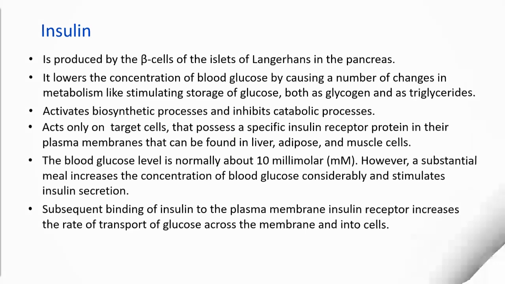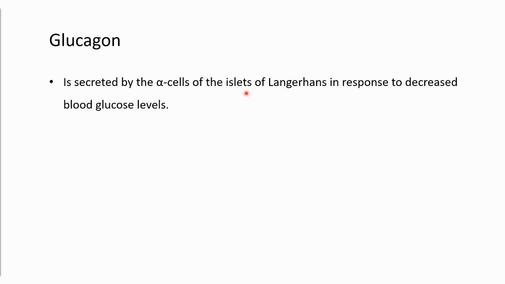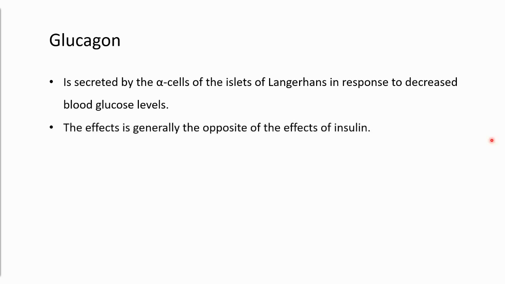Now, the other one, yung partner niya lagi is glucagon. So, this is actually secreted from the alpha cells. Okay, so yung insulin kanina galing sa beta, pero dito si glucagon is actually from the alpha cells ng islets of Langerhans. Okay? So, pag mababa na yung sugar, it will actually derive the sugar from the body.